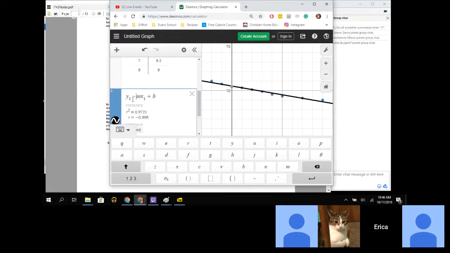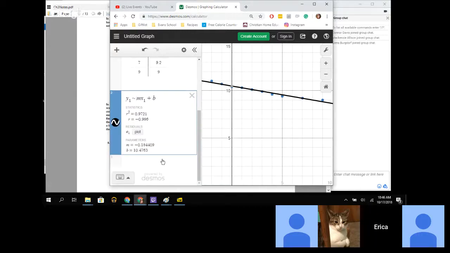So is that a tilde? I think tilde. So this is how you would actually tell Desmos to do a regression. Instead of the equal sign, you have to use the tilde sign. And then you need to tell it not just to pull any x's, you want the x sub 1 and y sub 1.